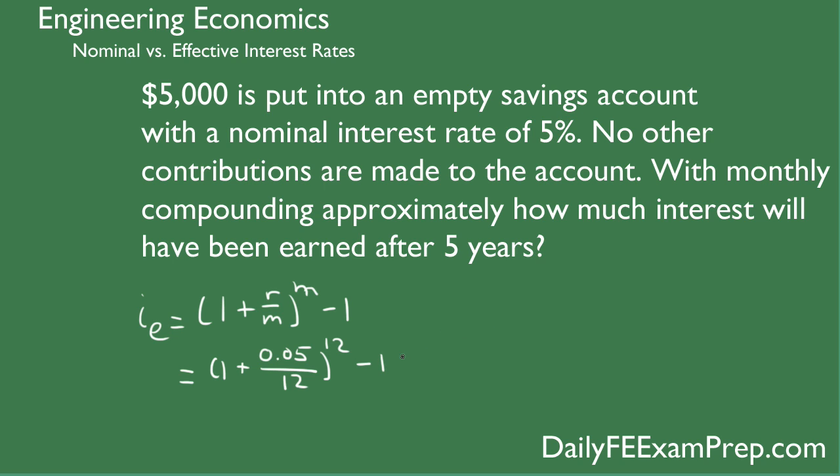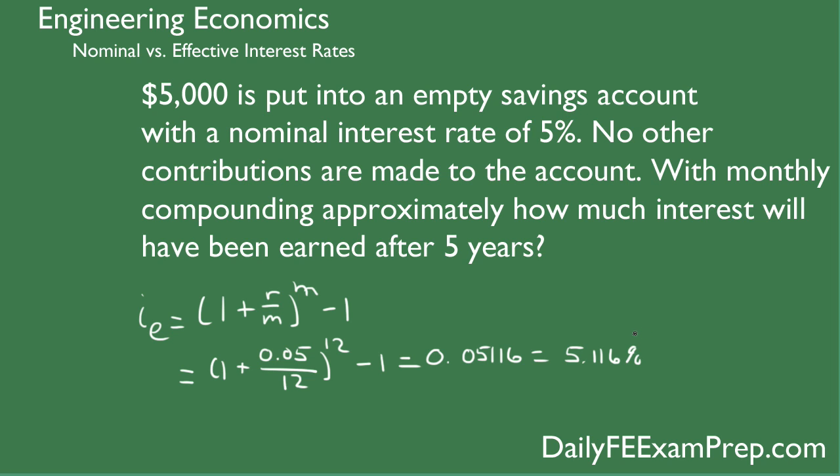When you calculate that out, you get an effective interest rate of 0.05116, which equals 5.116% annual effective interest rate. So that is our effective annual interest rate, the real value of what we're actually going to be earning over the course of these compounding periods.